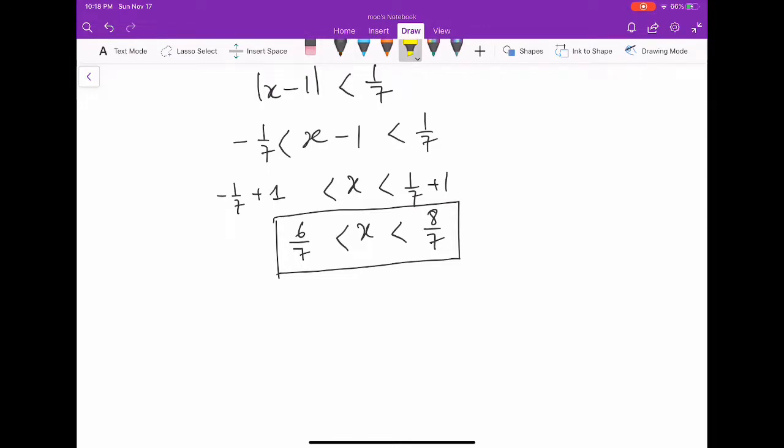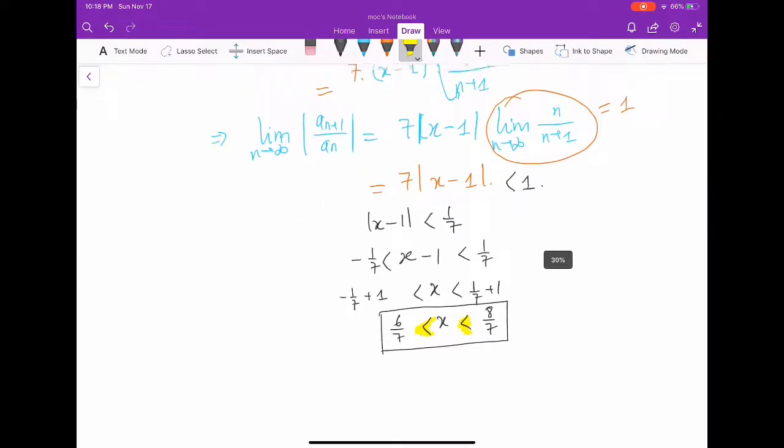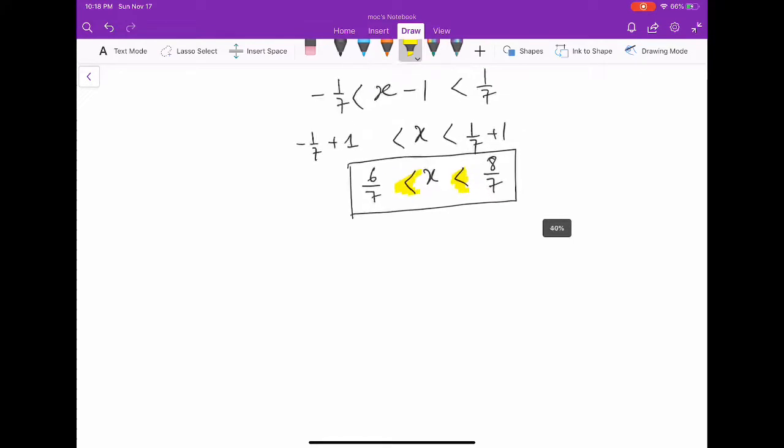So we still need to consider our series at the 2 endpoints, because sometimes when you plug the endpoints into the original series, the series converges, or sometimes it diverges. So let's consider adding the 2 endpoints. Say at x equal to 6 over 7, I have to plug this into the original series. What is the original series? Let me remind you.